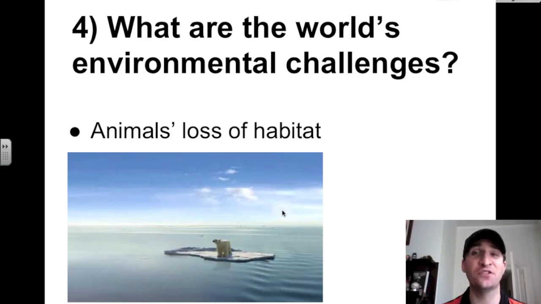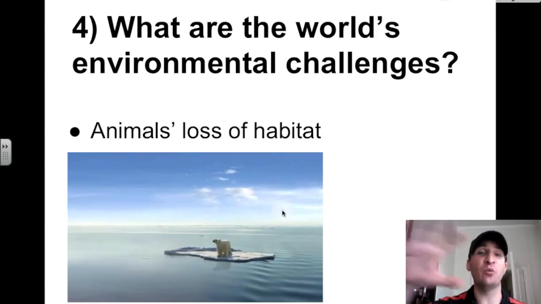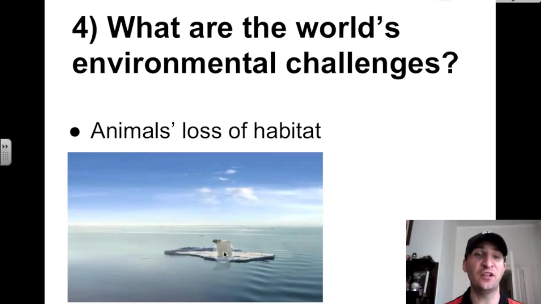That is an environmental challenge because when our ecosystem is thrown out of whack, when animals lose their habitat, everyone is affected by this. And you see this lonely polar bear, a victim of global climate change, a victim of that Arctic sea ice melting.